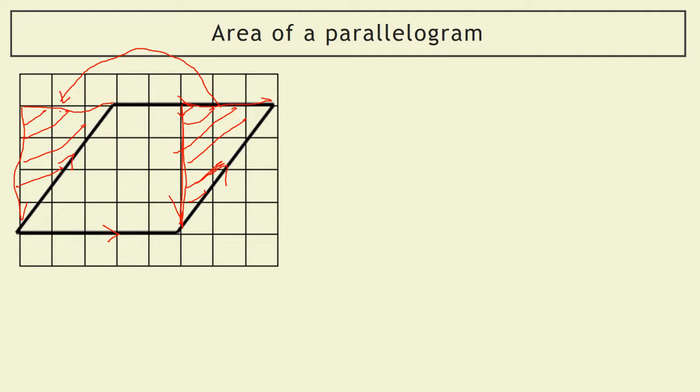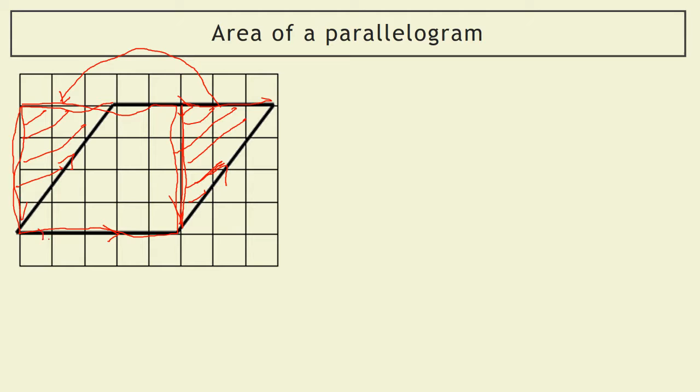Now what am I left with? Well, because that's moved, if I just draw it roughly, I have got a rectangle, haven't I? My parallelogram has made a rectangle. I know how to get the area of a rectangle, and it must be the same as the area of the parallelogram. So all I've got to do is work out how far across it goes.